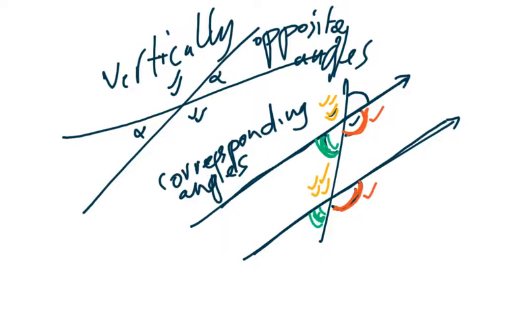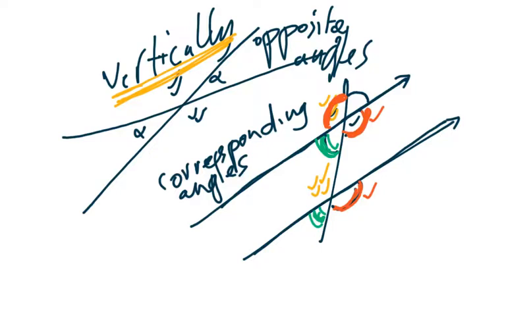Now, let's go back to our other relationship of vertically opposite angles. Which angles here are vertically opposite? We can see that the angle in red is, in actual fact, vertically opposite to that. So that angle can also acquire a red color.